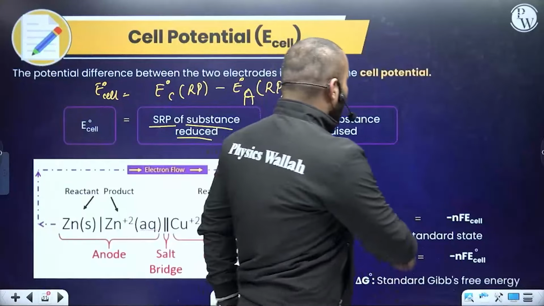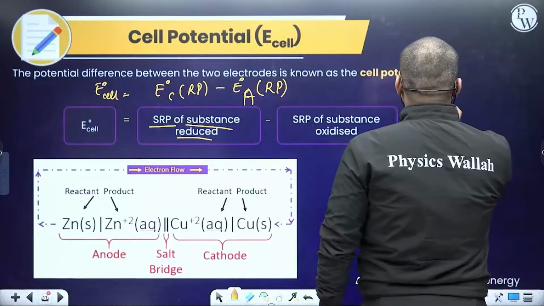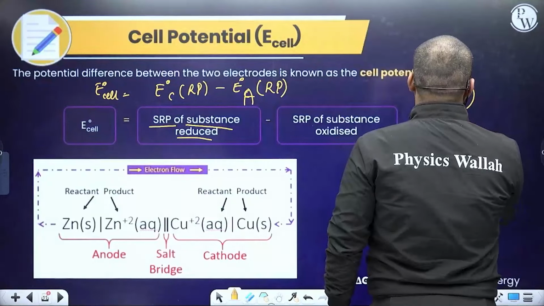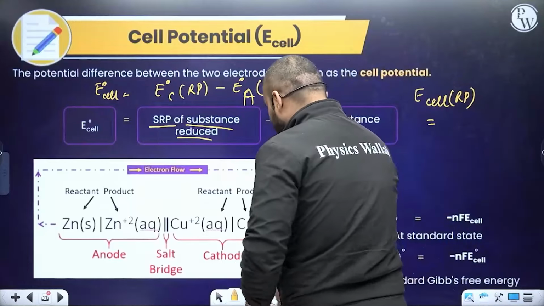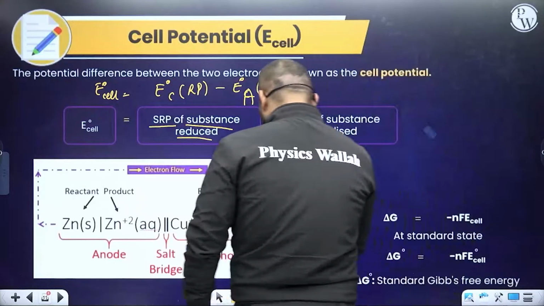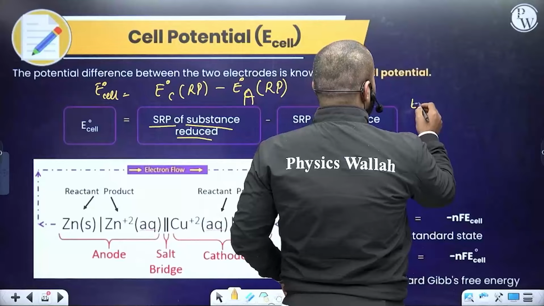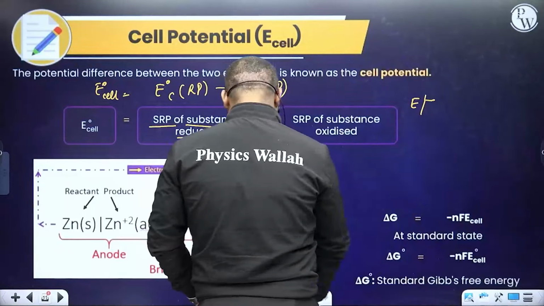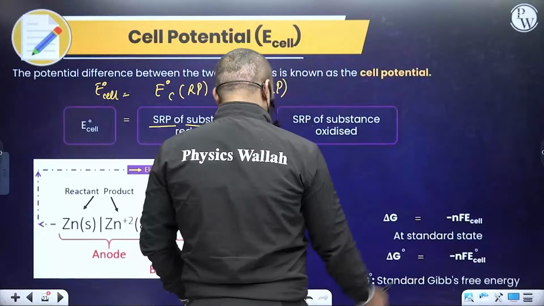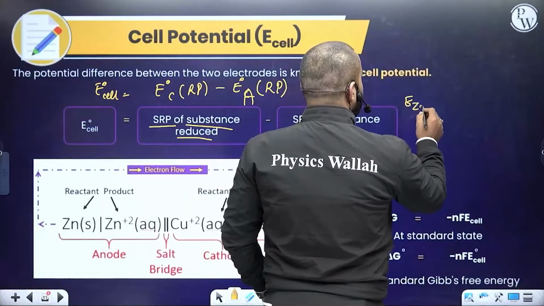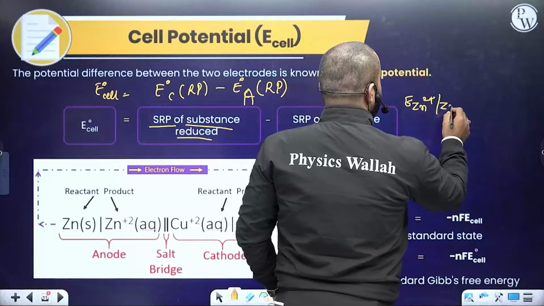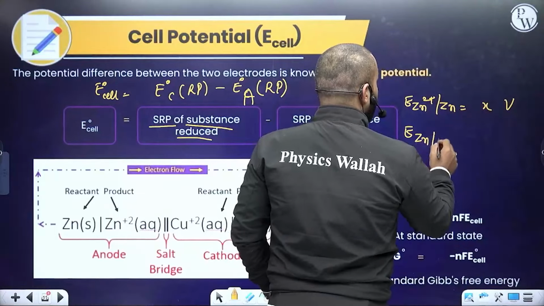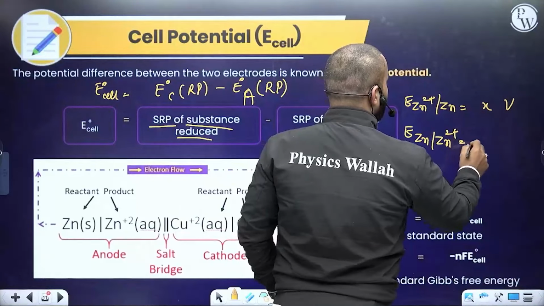One more thing you should know: for any process, for any element, for any single cell, if you represent E naught of, let's say, zinc 2 plus to zinc as x volt, then for zinc to zinc 2 plus it will be equal to how much?